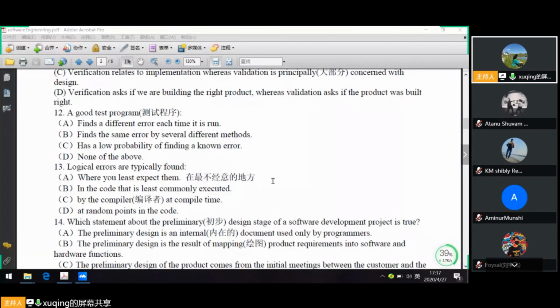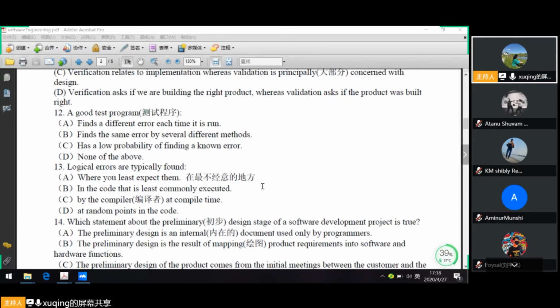Why? Can you explain a little your ideas here? Well, my idea here. The question is: logical errors are typically found, and my answer was by the compiler at compile time. The reason why I chose that answer is because A, he said where you least expect them, which can be true, but in this context, I don't think it is.